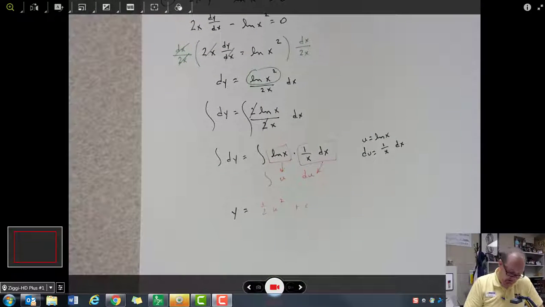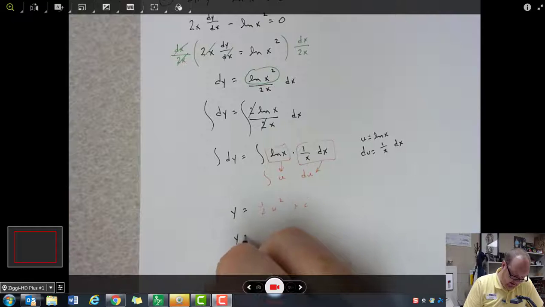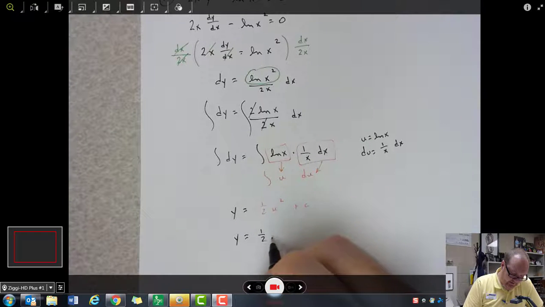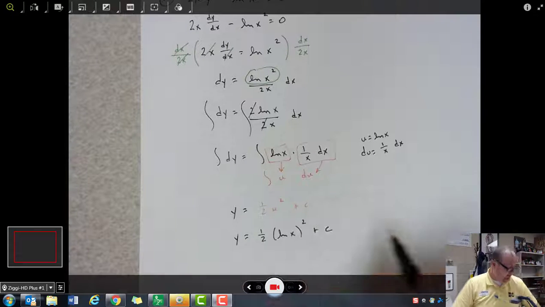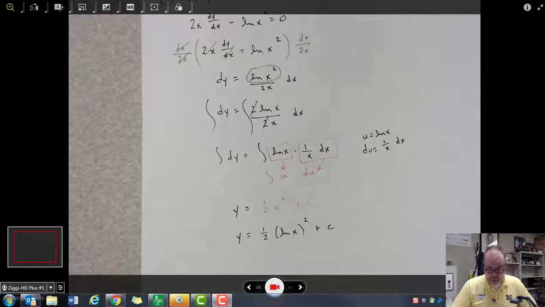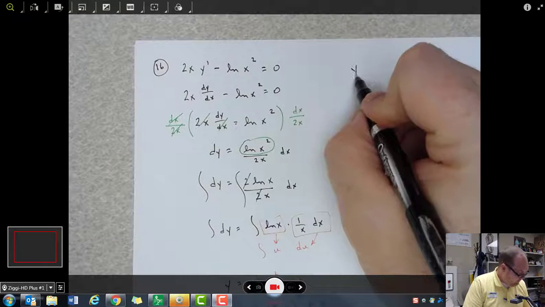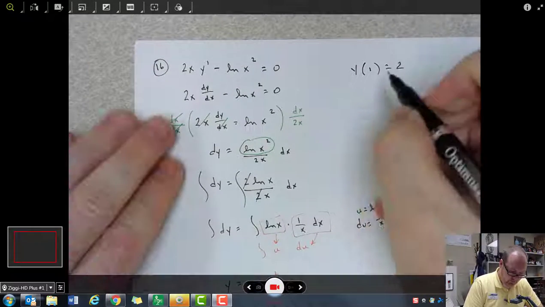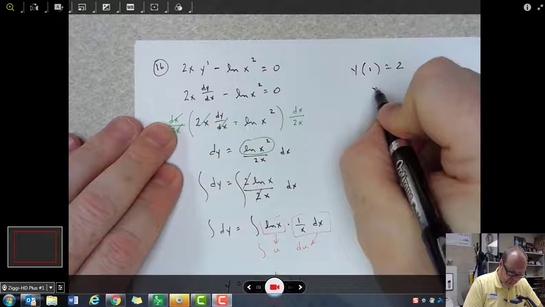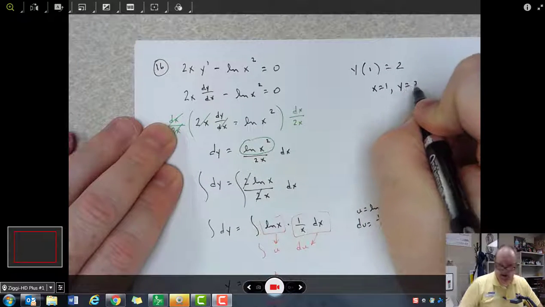And again, I'm interested in not in u, but in 1/2 the natural log of x quantity squared plus the constant of integration. Okay. Still want to find c, and I didn't address the initial condition, but back in the original problem, we're told that y at 1 is equal to 2, which is another way of saying whenever x is 1, y is 2.